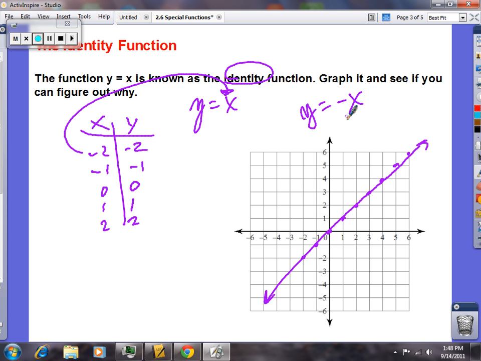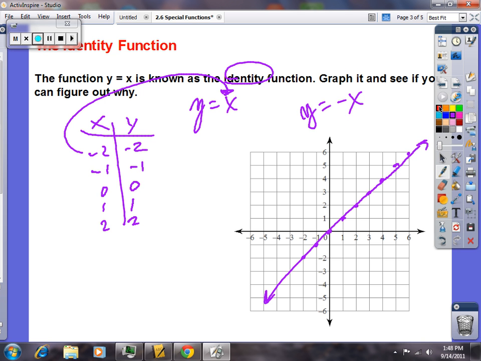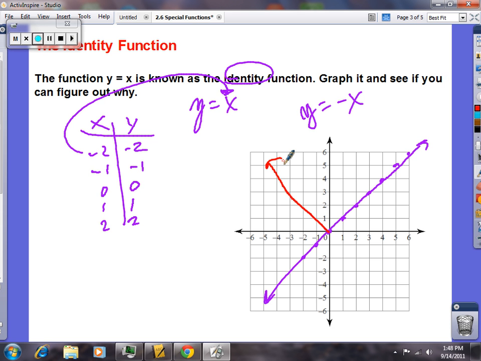What is that going to look like? Same thing going the negative direction. It would be just like this. So that would be y equals -x right there.